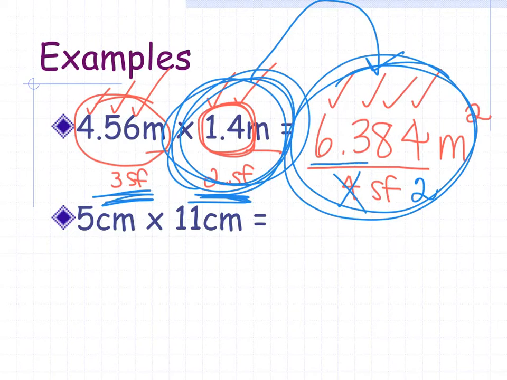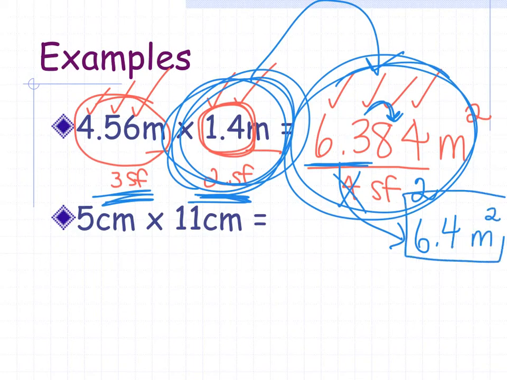So I underline the first 2, the 6.3, the 3 looks to the 8, and rounds up. So it ends up being 6.4 meters squared. This is the best answer.